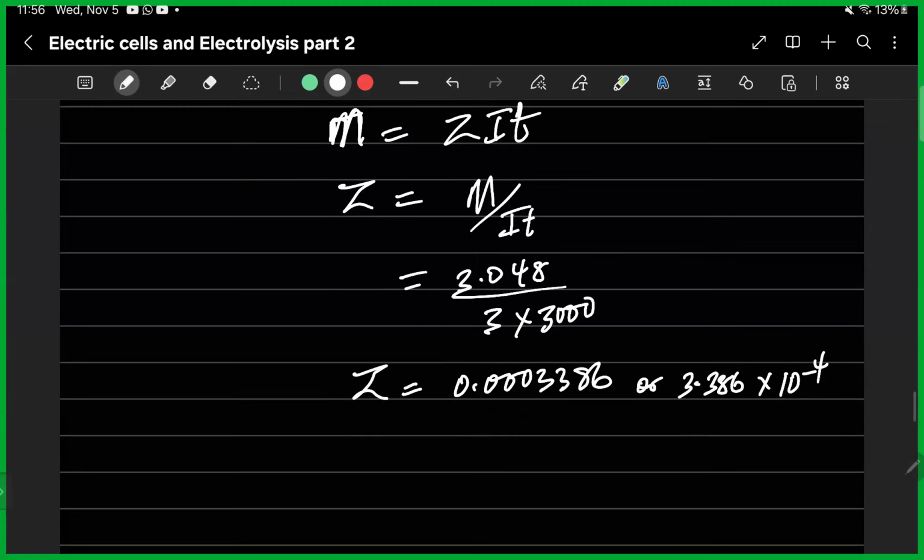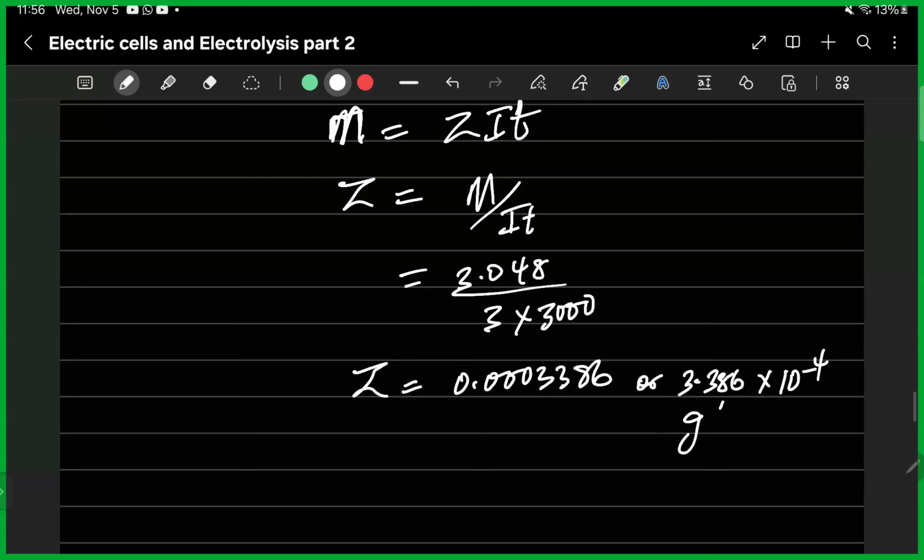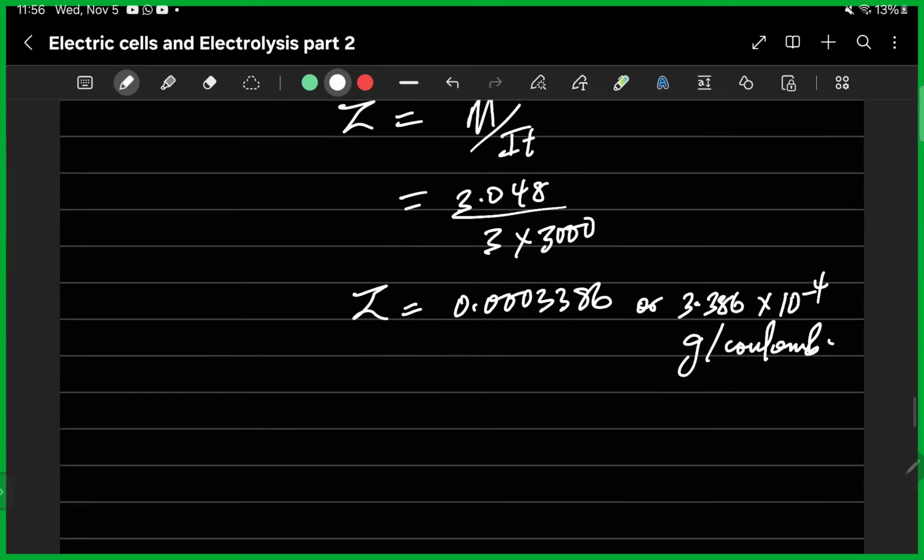What is the unit? Gram per coulomb. Always put your unit after every calculation. Don't ever make the mistake of leaving it out.